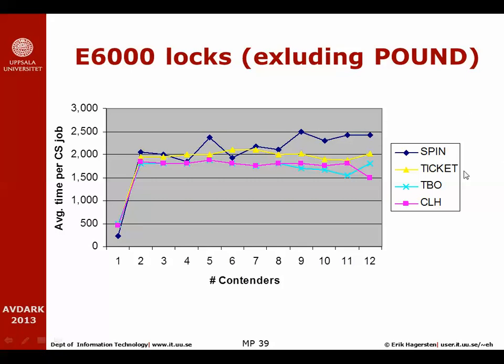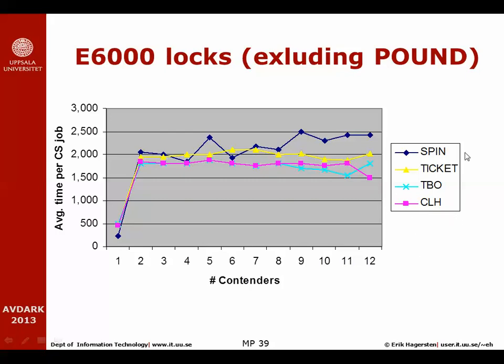And then we have the ticket, which is better. Ticket back off looks like it's better, and sometimes it's even better than CLH, but this is a little bumpy. These are real numbers from the real machine, so it's going up and down a little bit.